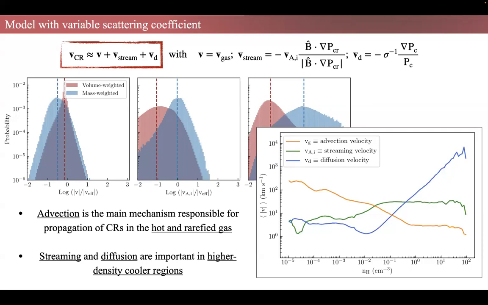And you can see that in the low density regime, advection largely dominates. In the high density regime, diffusion dominates, while at intermediate densities, streaming becomes more important. Now, the take-home message of this plot is that cosmic ray transport can be quite different in different thermal phases of the gas. Therefore, it's very important to resolve the ISM structures in cosmic ray studies.